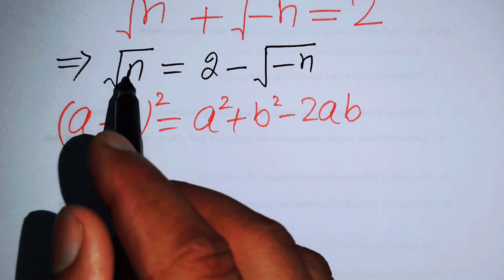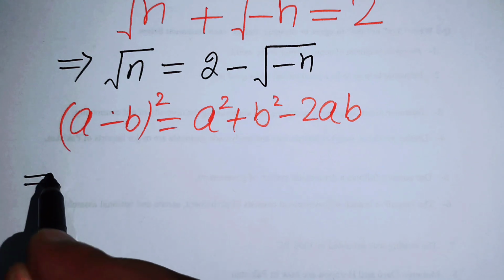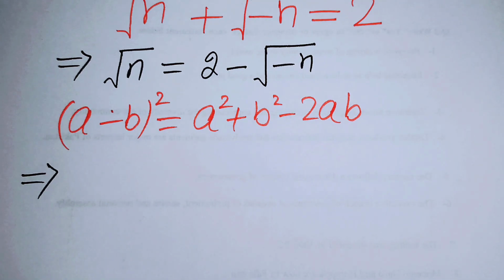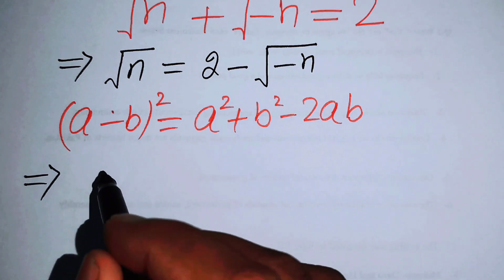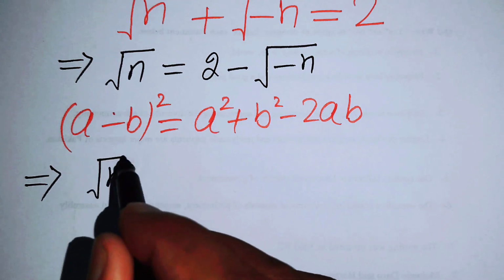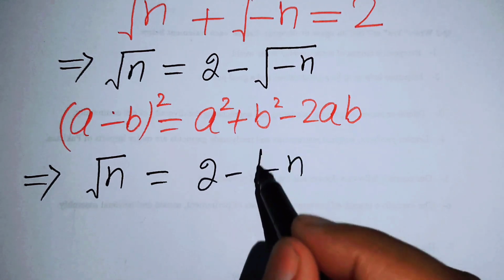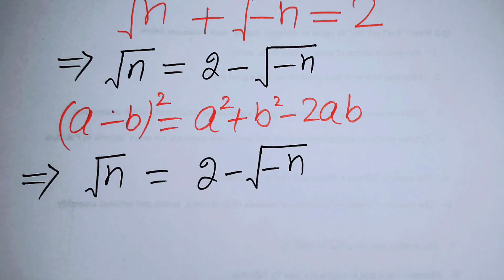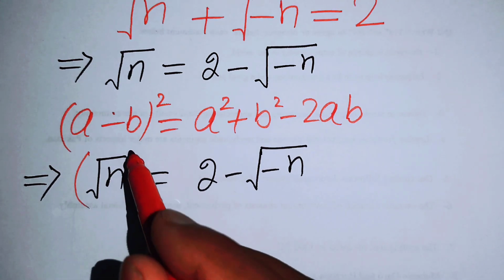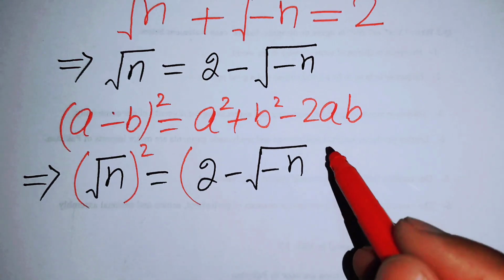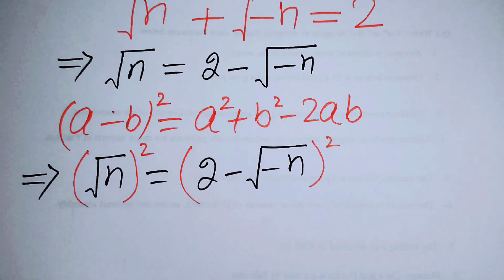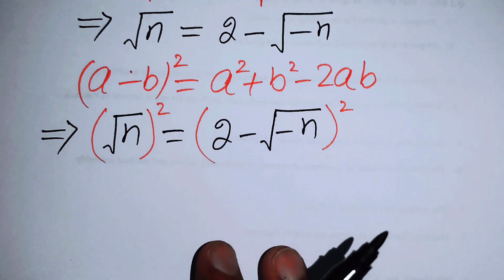So when you take the square on both sides, you get (√n)² = (2 − √(−n))². After this step we can make some simplifications.